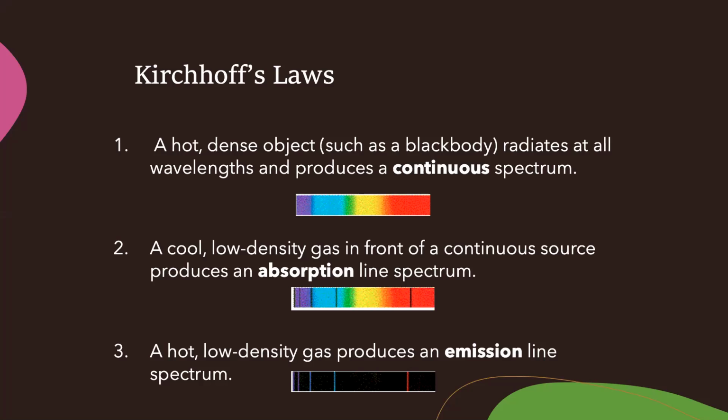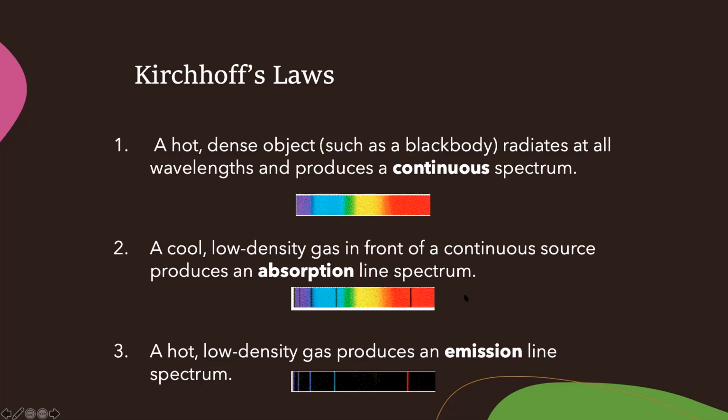You don't get an absorption spectrum. Instead, the only light that makes it through is the light being emitted by the hot gas itself. And the colors that are emitted by it are the same as the colors that were missing from the absorption spectrum. And you can see here how the absorption line spectrum and the emission line spectrum look like inverses of each other.